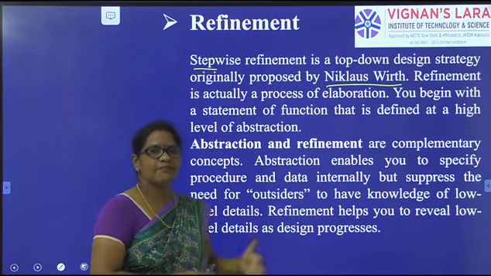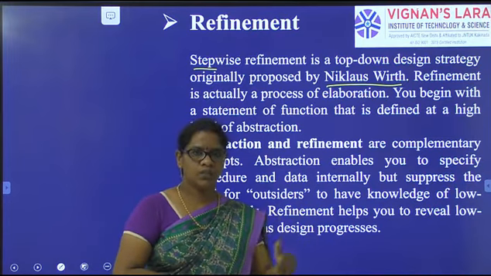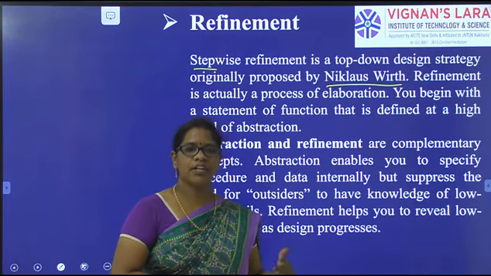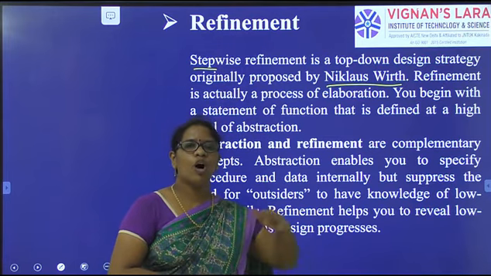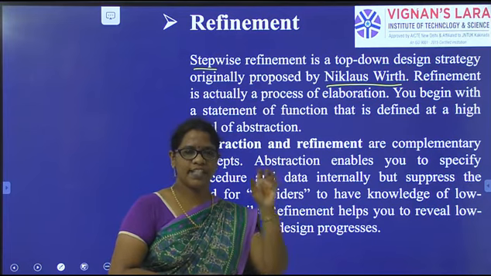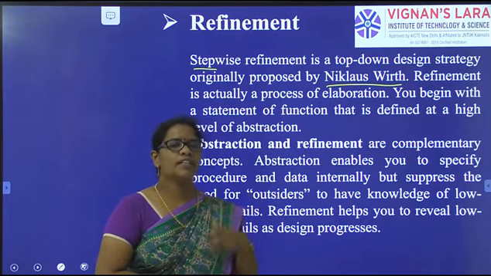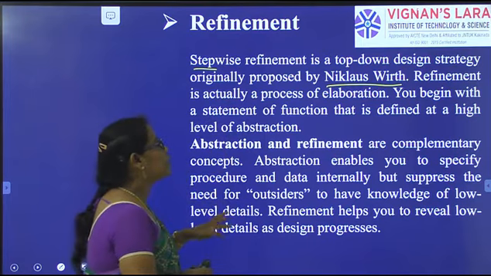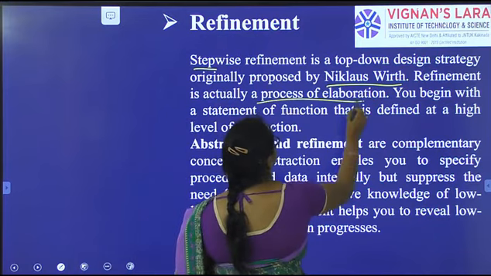Refining means again and again we are doing some tests on that. For example, oil is refined oil. Why do we say refined oil? We are filtering out all the mud and all the bacteria. Like that, in software also we have to make some refinement. So the meaning of refinement is a process of elaboration.